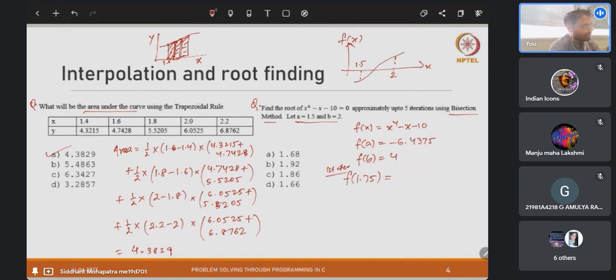So what we do in the bisection method is go to the midpoint of 1.5 and 2, which is 1.75, where the value might still be positive or negative. We have to calculate that.